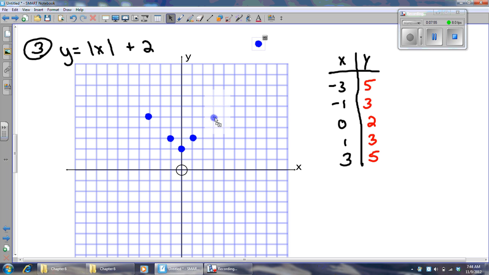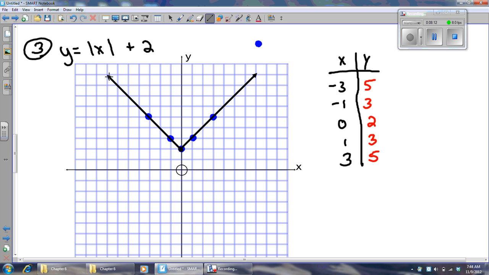And there we go. I get a perfect graph of symmetry. And when I go to graph it, there we go. Okay, so there is my graph.